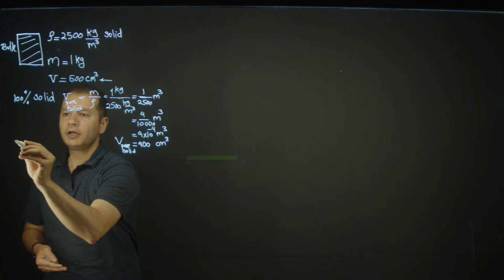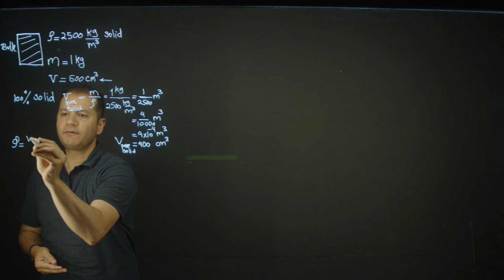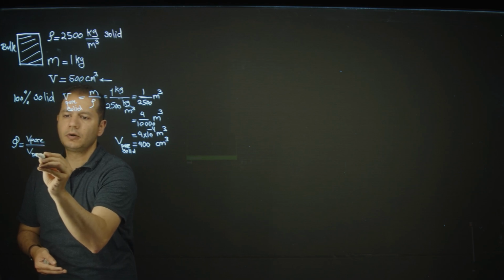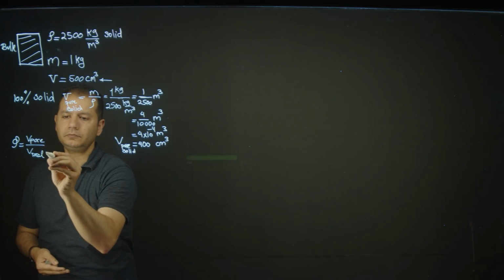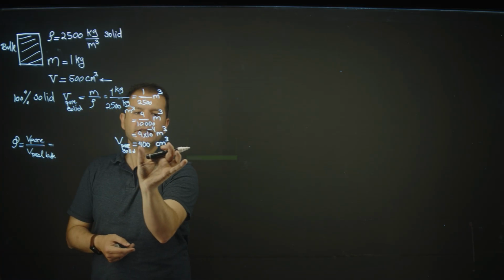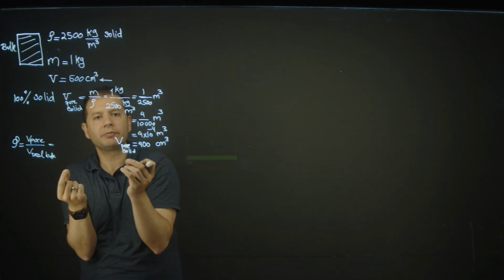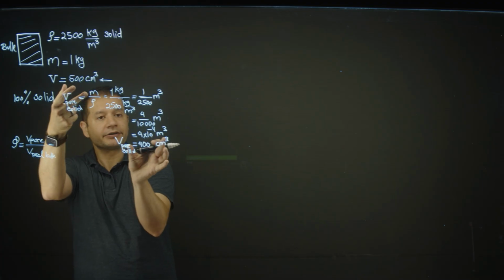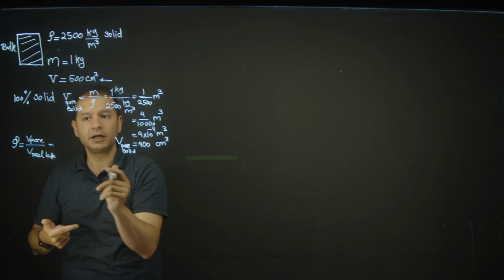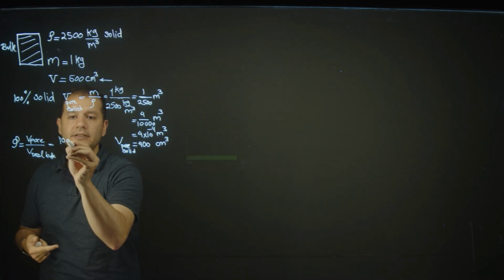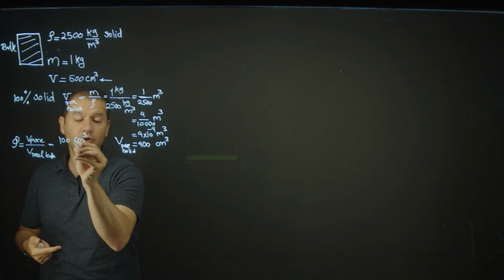Therefore, the porosity, which is the volume fraction of pore space over the total bulk volume. The solid is 400 cubic centimeter and the bulk is 500. What would be the volume of the pore space? The difference, right? 500 minus 400, so it would be 100 cubic centimeter.